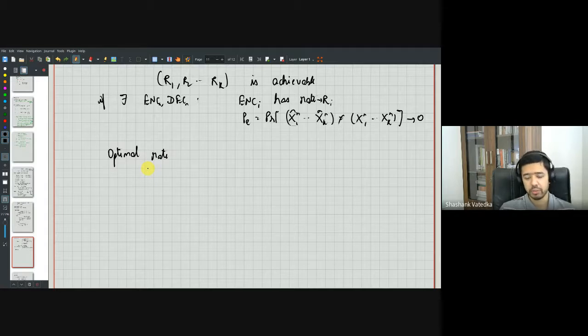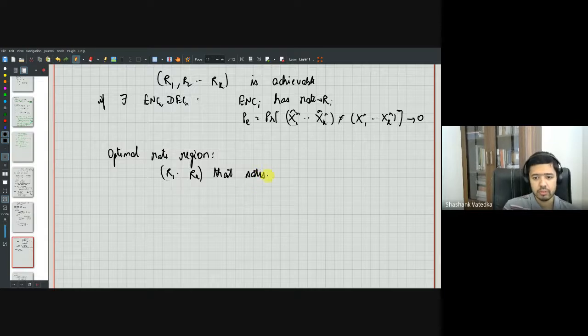You just have multiple sources instead of just 2 sources. The optimal rate region is the following. For general K users, it is the intersection of all these rate regions. So it is the set of all R1 through Rk that satisfy all of these properties.